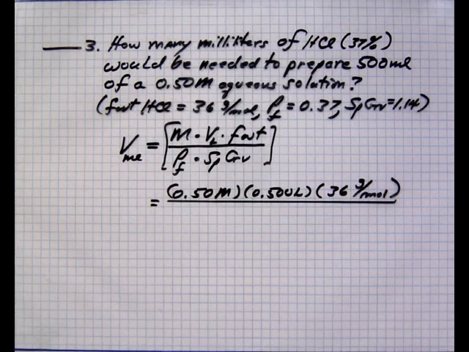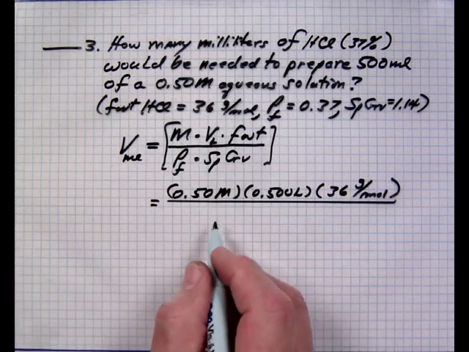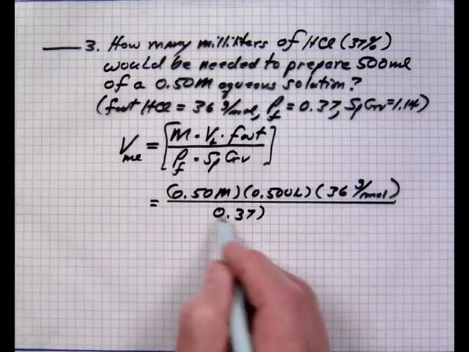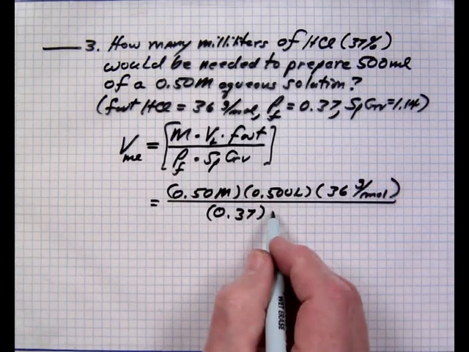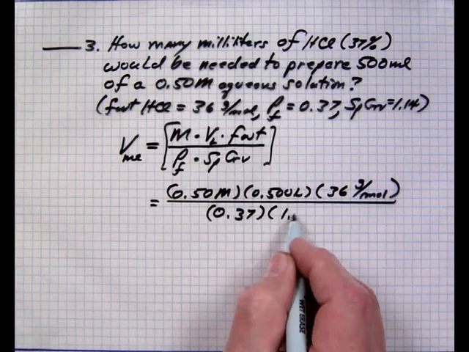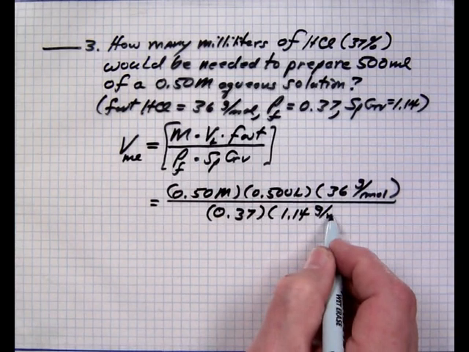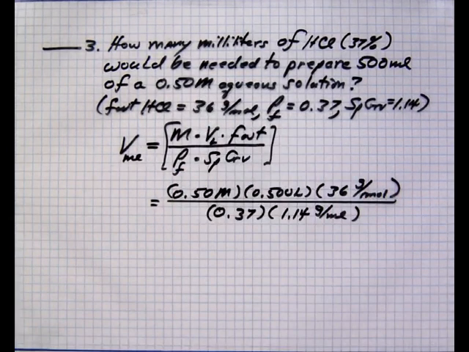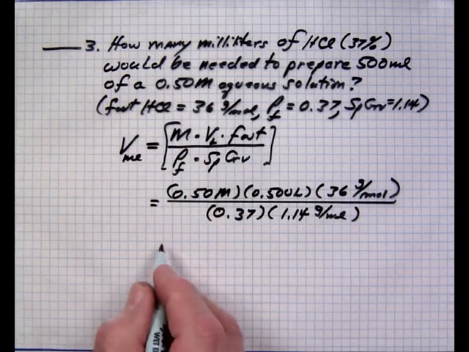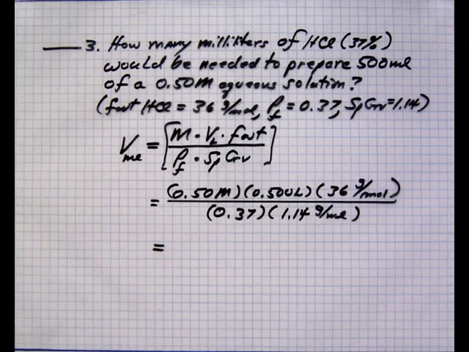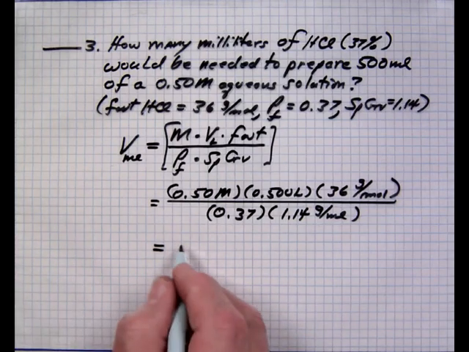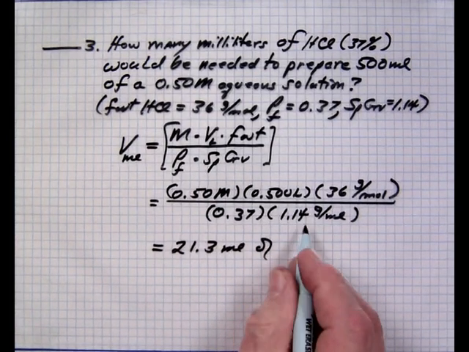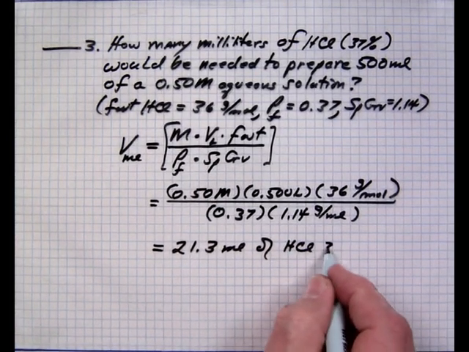And now that's divided by the purity factor, 0.37 decimal fraction, and specific gravity of 1.14, or 1.14 grams per milliliter, because the solvent of the concentrated hydrochloric acid is water. We can use specific gravity in the form of density. Well, that works out to be 21.3 milliliters of HCl 37%.